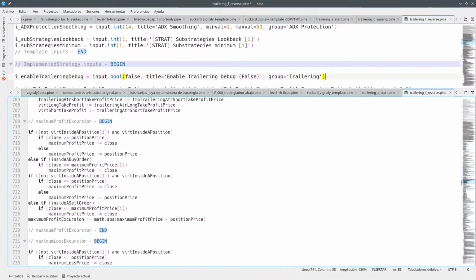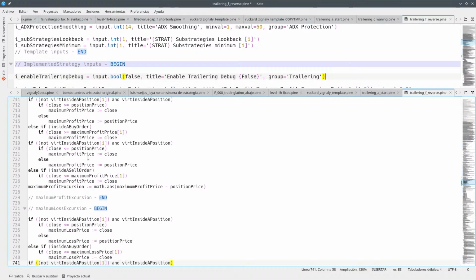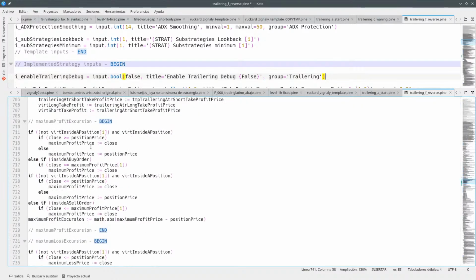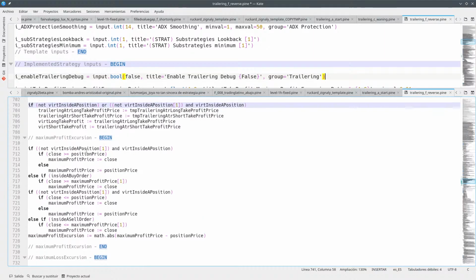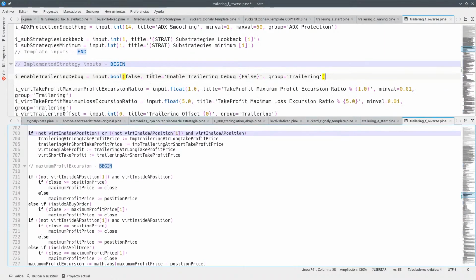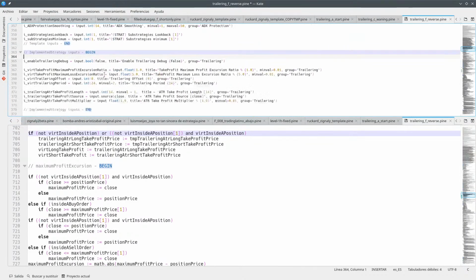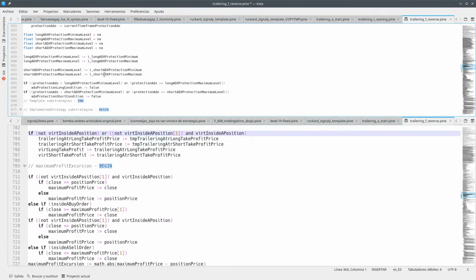Oh, look at that. Maximum profit excursion should have one for long, another one for short, now that I think about it. So maximum profit. So this should be 700 something.